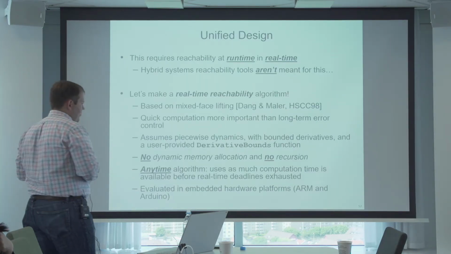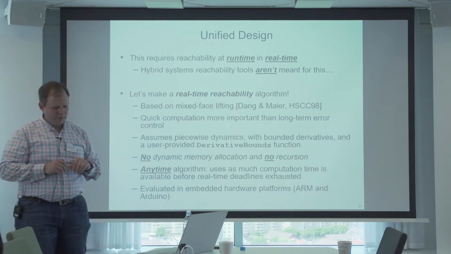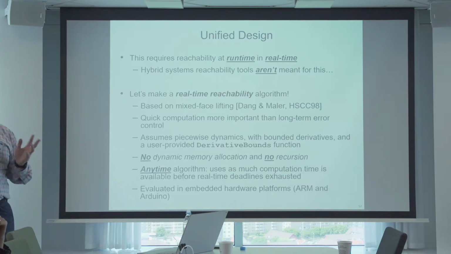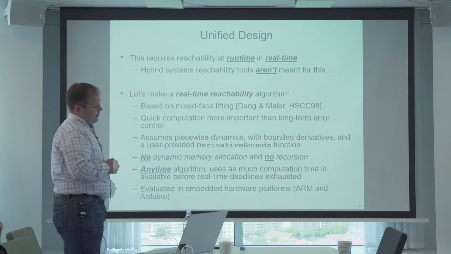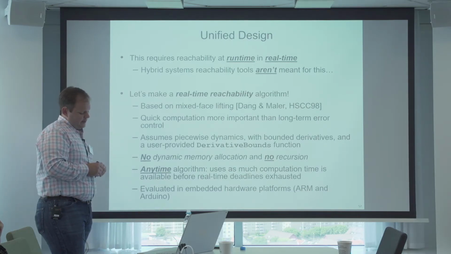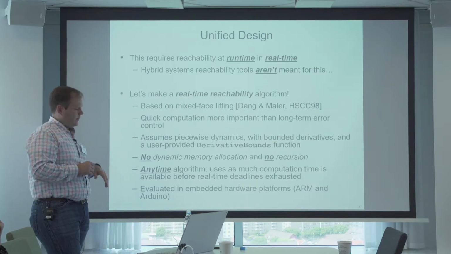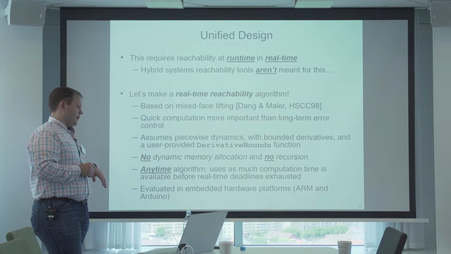So this is based on this mixed face-lifting reachability algorithm, which, as you can see, is now 20 years old. The key idea is that performing the computation in a quick and deterministically characterizable runtime, so we can come up with real-time guarantees, is more important than doing long-term error control.